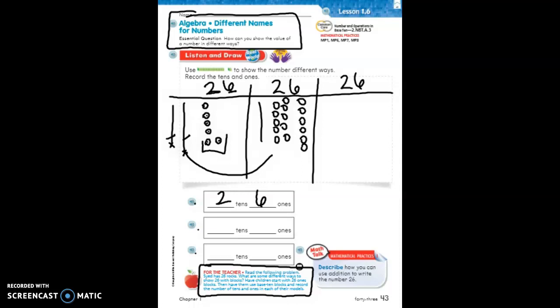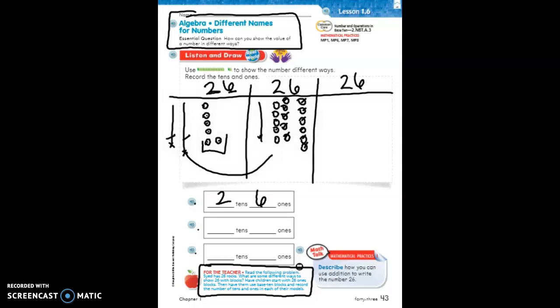Well, let's count this number. 10, count with me. 10, 11, 12, 13, 14, 15, 16, 17, 18, 19, 20, 21, 22, 23, 24, 25, 26. So we still are showing the number 26. We're just showing it in a different way.